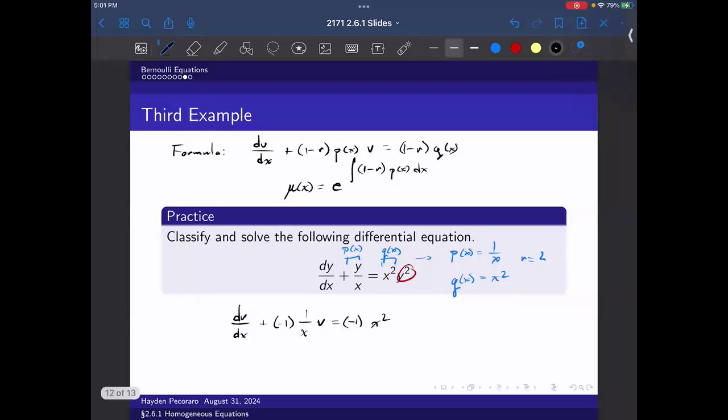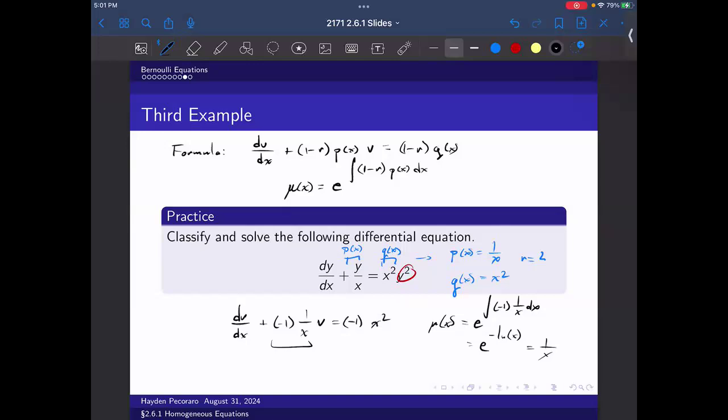Okay. Our mu of x then is e to the integral of -1 times p, which is 1 over x, or e to the minus log x, which is 1 over x. Okay.